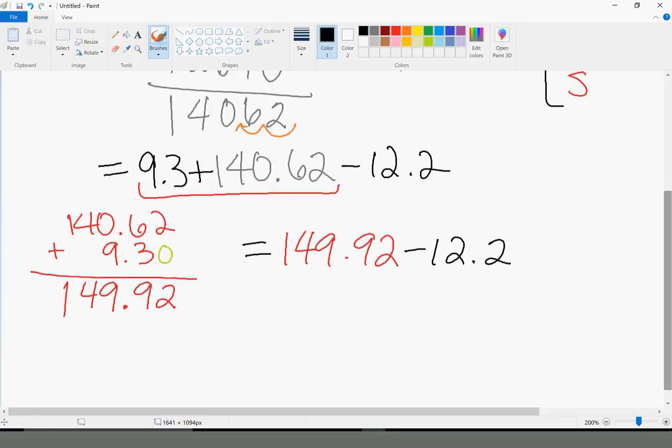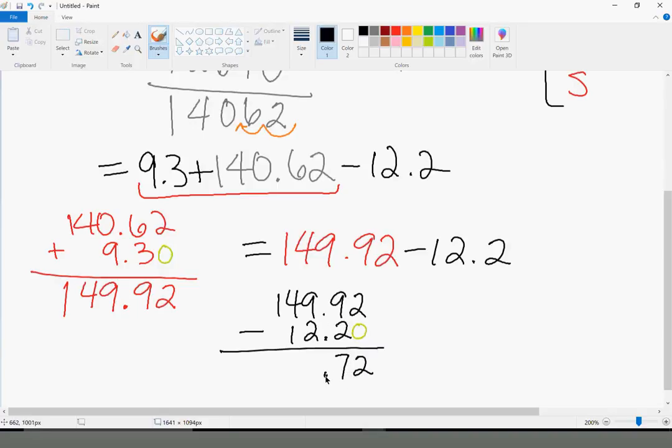Now, again, to subtract decimals, we have to line up the decimals. So we have 149.92 minus 12.2. And again, it's helpful to put a 0 for a placeholder. So we're going to subtract vertically. 2 minus 0 is 2. 9 minus 2 is 7.